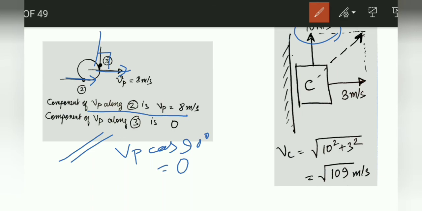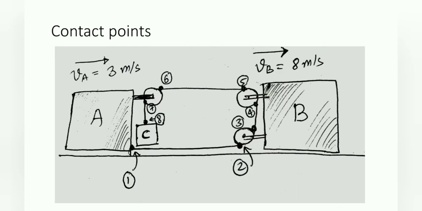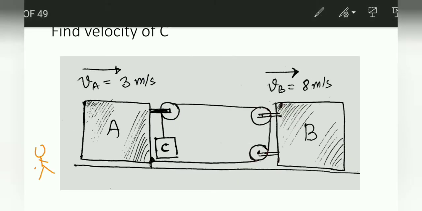But wait, let's go back once to the original question. This contact point method is based on the constant length method.